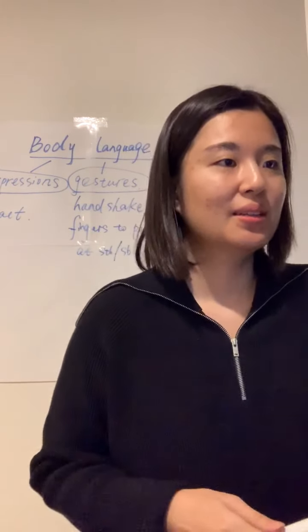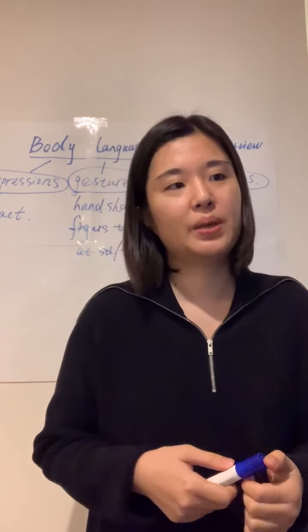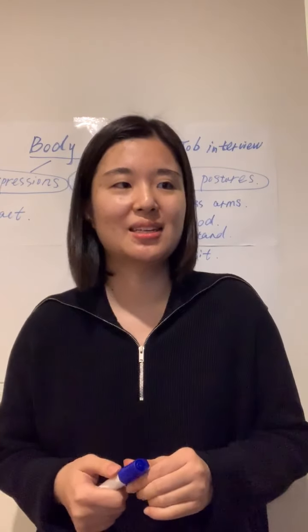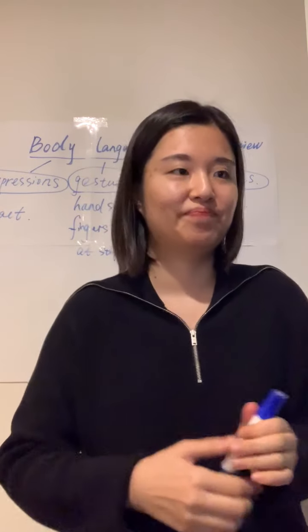Okay, next one. Maintain eye contact. Proper eye contact is a sign of respect and interest in the interviewer's questions. Making eye contact is a sign of being interested and concentrated, while a wandering gaze signifies that you are insecure or not paying attention, right?